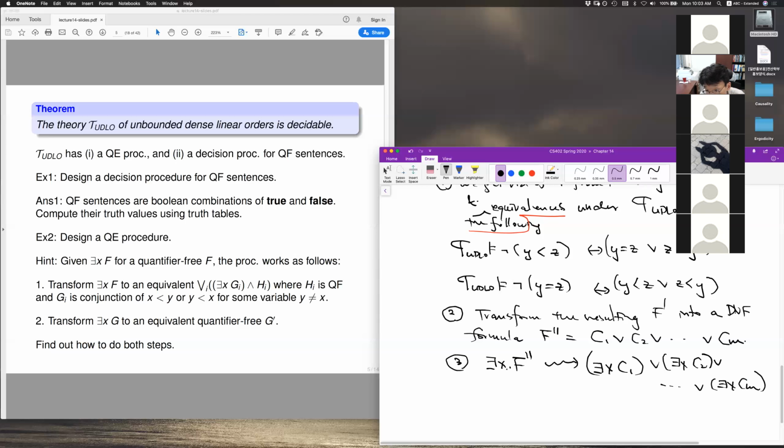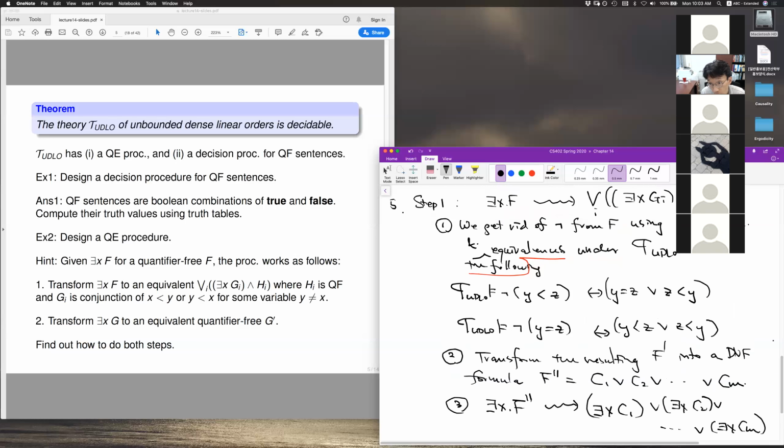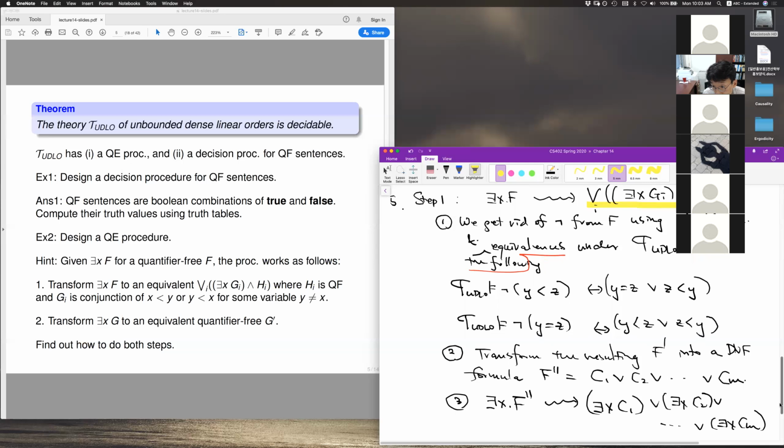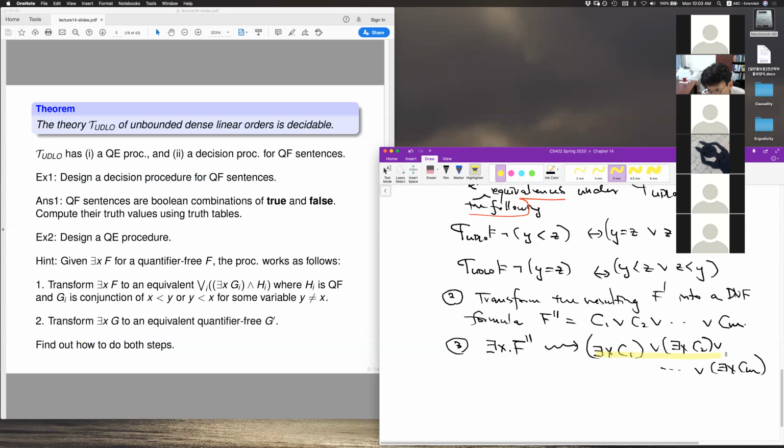This is okay because these two formulas are equivalent, so we can distribute existential quantification over all these disjunctions. Now we get quite close to the formula that we are talking about, where we have a disjunction outside and existential quantification.